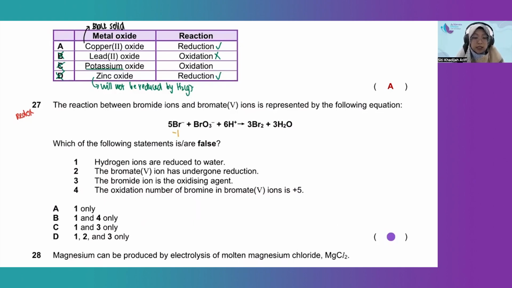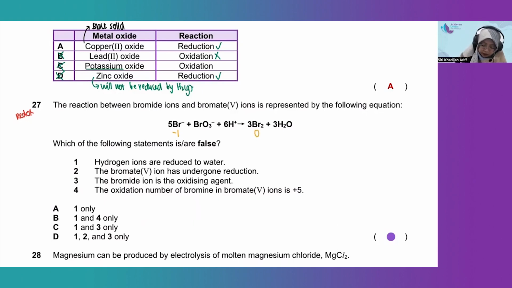Now the elemental bromine Br2. Br2 is a neutral uncharged molecule and the oxidation state of free elements is 0.